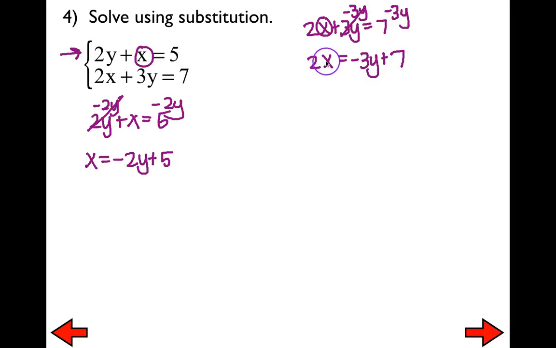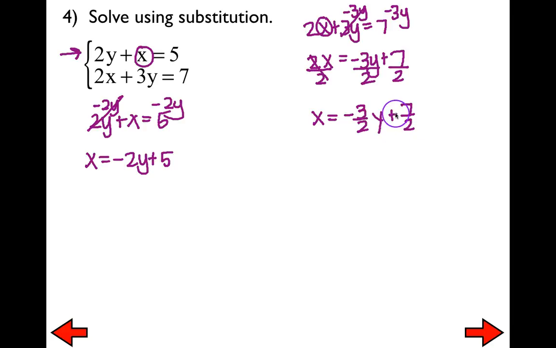Now here, in order to isolate x, I still need to get rid of this 2 by dividing both sides by 2. Now on this side, it's going to be easier if you divide each term by 2. It saves you that extra step. So now I have x equals a negative 3 halves y plus 7 halves.